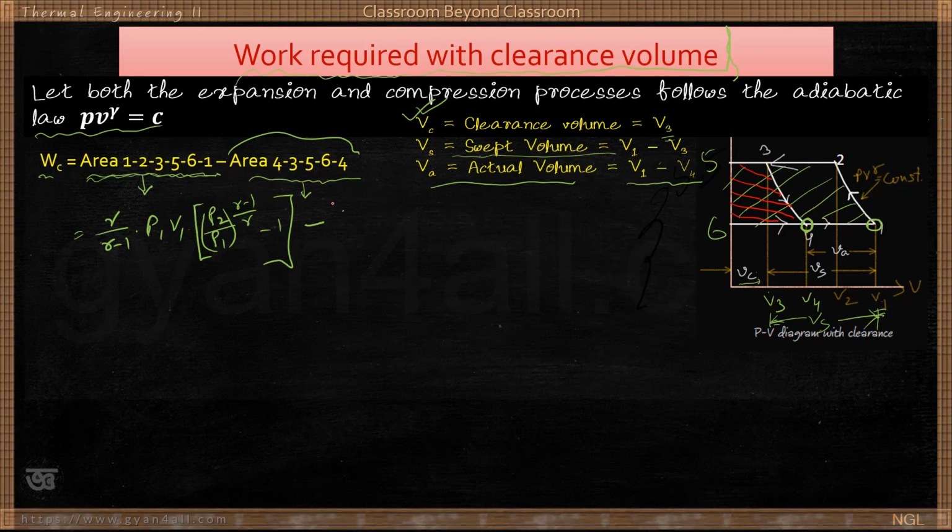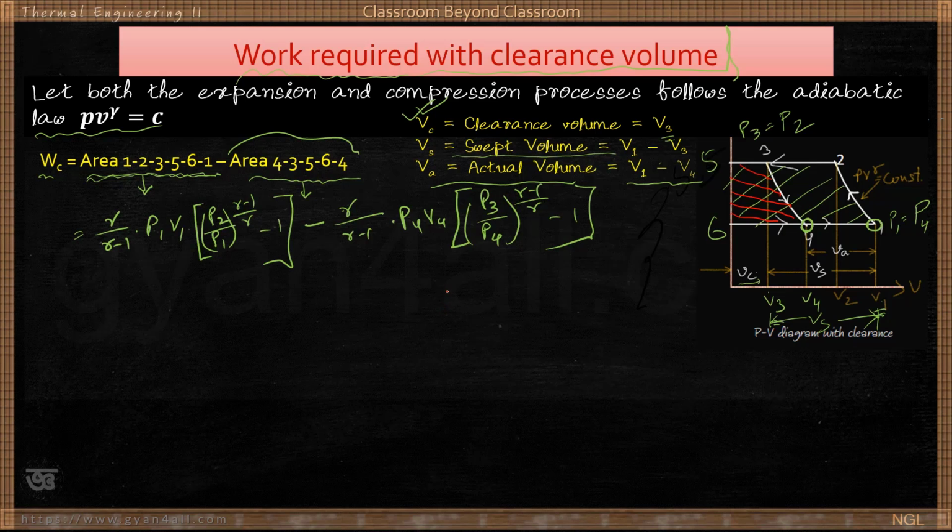This is also like a single stage process, in case this is an expansion process, without any clearance volume. So that will be equal to gamma by gamma minus 1 into the pressure P4 V4 multiplied by, okay. So now you look at this PV diagram, you can see P3 equal to P2, also P1 equal to P4.